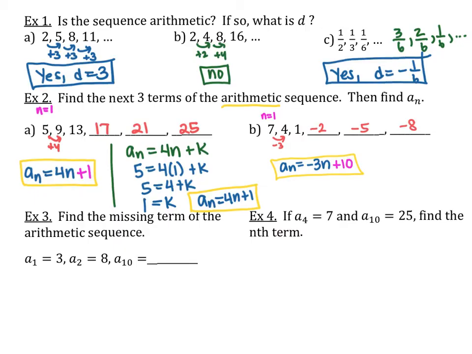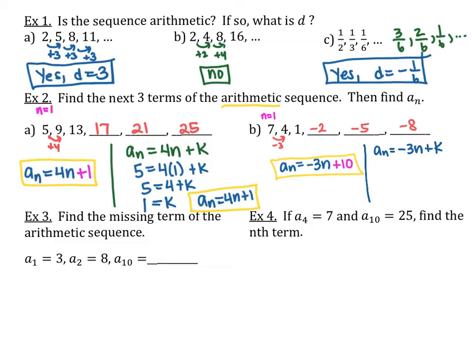But let me show it where you solve for the constant as well. If I wanted to do it more like a formula, I could say a sub n equals, the difference is negative 3, so it's still negative 3n, but I want to figure out what I add or subtract to the end to make this work. I'm going to use the first term, n equals 1, but you could use the second or third or any of the terms.